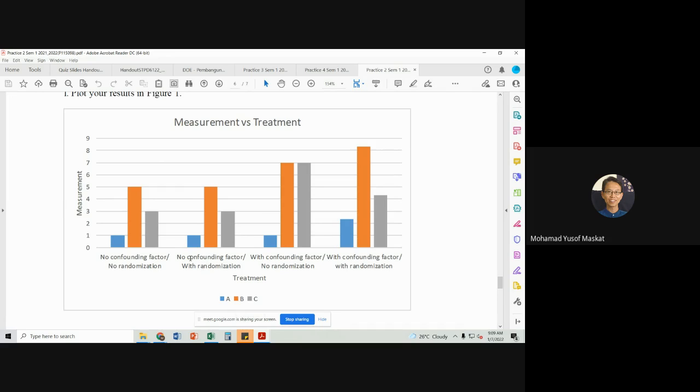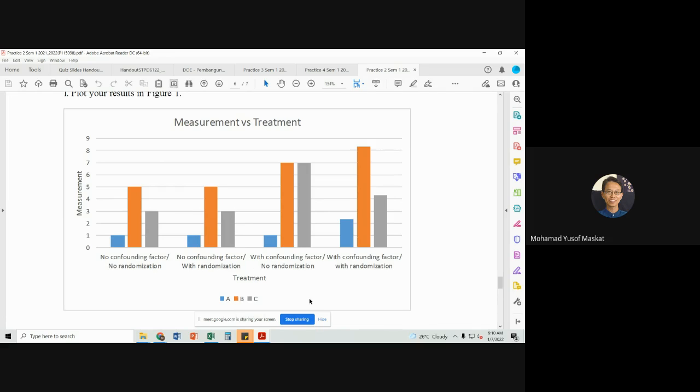Similarly, if there are no confounding factors, even if we do randomization, we will still get the actual results, which are 1, 5, and 3. So whether we do randomization or not, it doesn't matter. But this is theoretical, because in practice there is always the possibility of confounding factors affecting our results.